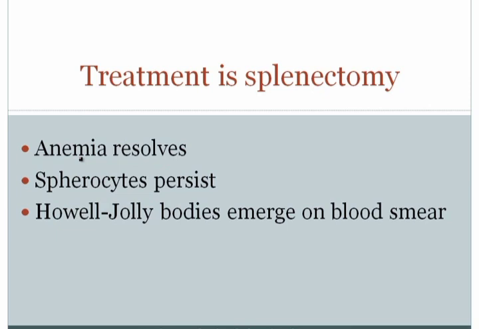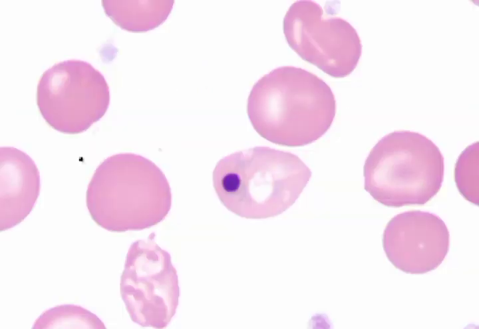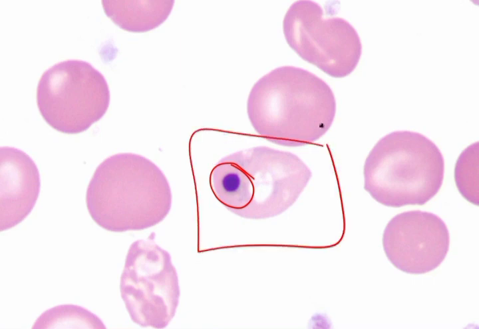Basically, if the spleen sees anything abnormal with the red blood cell, it tends to remove it or to remove the red blood cell completely. So normally the spleen would remove little fragments of DNA that might be present in a rare cell or so. However, in the case of hereditary spherocytosis, if the patient has undergone splenectomy, the spleen will not be present. And therefore, these little fragments of DNA that normally would be removed by the spleen will remain in the red blood cell. And that's called a Howell-Jolly body, and this is a classic image of a Howell-Jolly body. Again, it indicates splenic dysfunction.